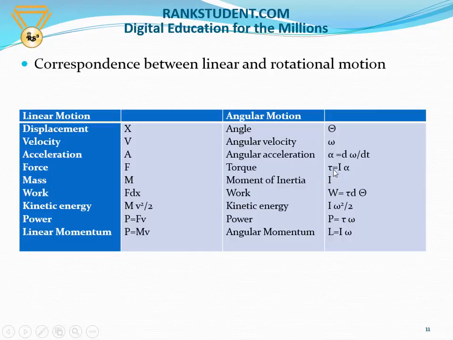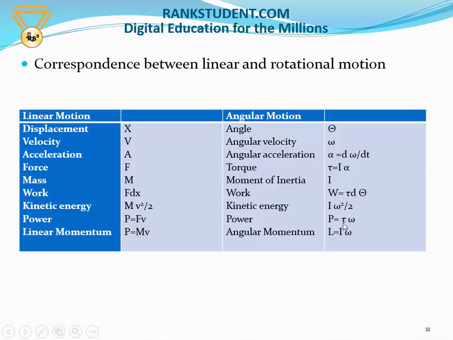The torque is I times alpha, where I is the moment of inertia, which corresponds to the mass m in linear motion. The work W is tau d theta. Kinetic energy is I omega squared over 2. Power P equals tau omega. And angular momentum L equals I omega.